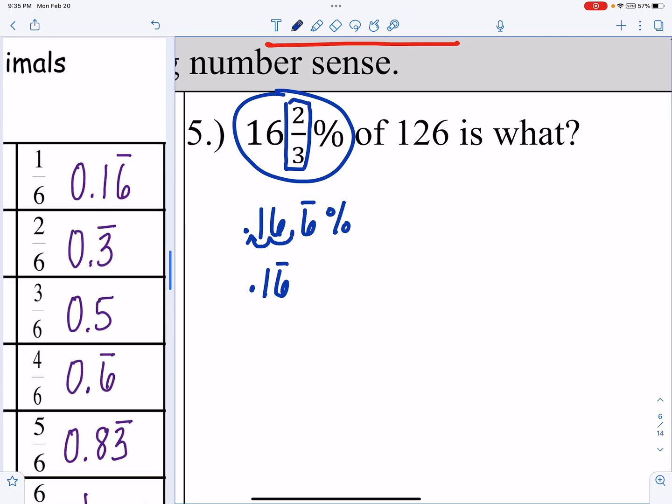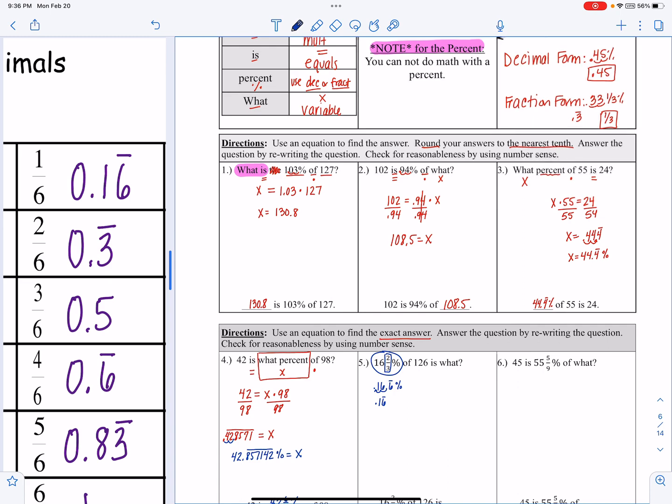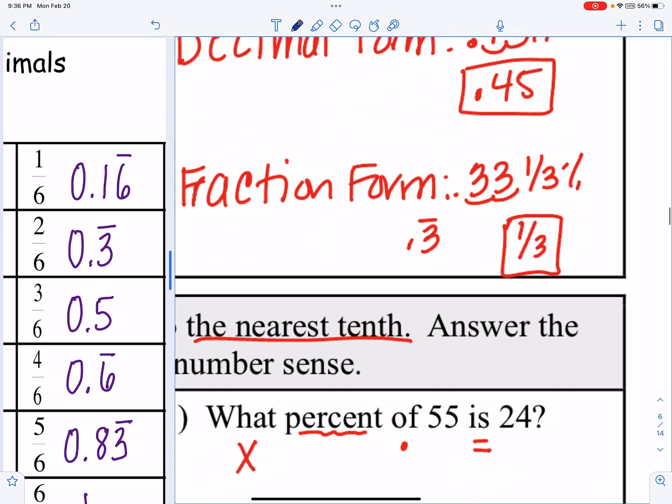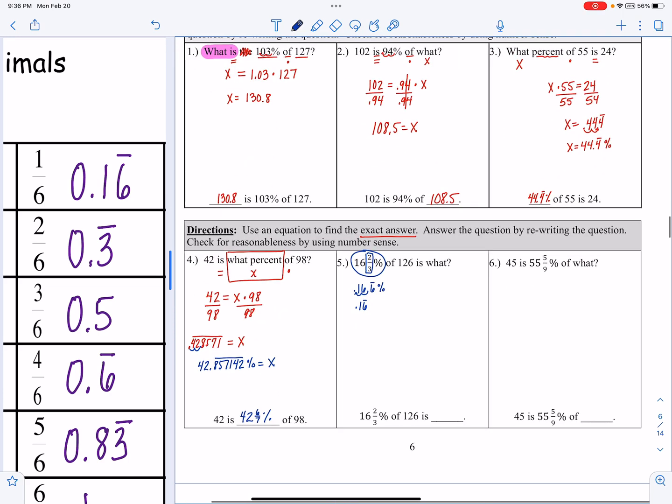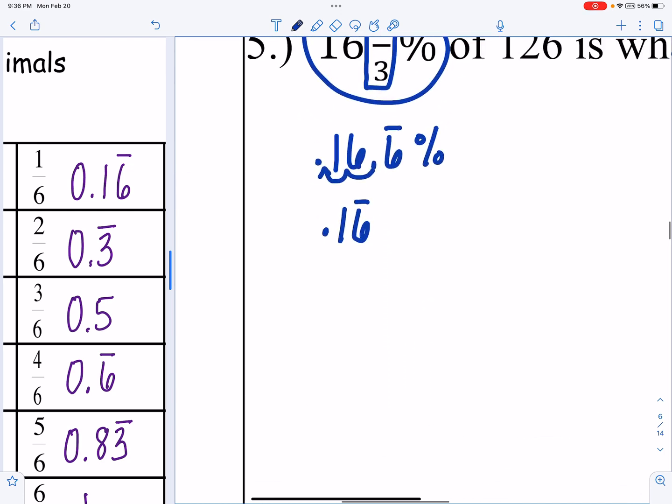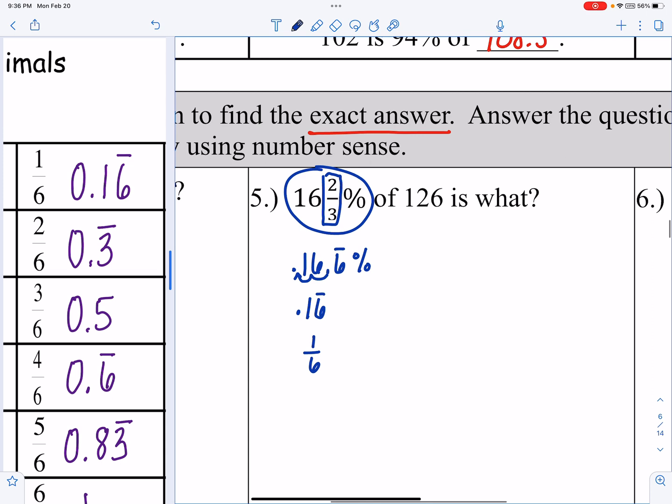See? And because we can't work with repeating decimals, we have to change it to fractional form. It's something that we talked about up here. If you ever get a repeating decimal, you have to use fraction form. And so our 0.16 repeating is actually 1/6 as a fraction, and now we can go ahead and plug in our stuff.